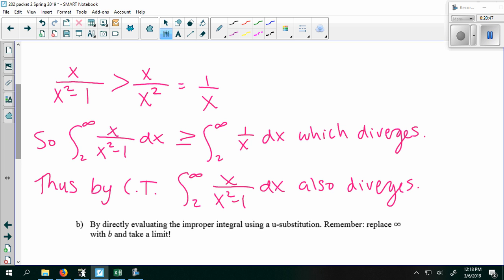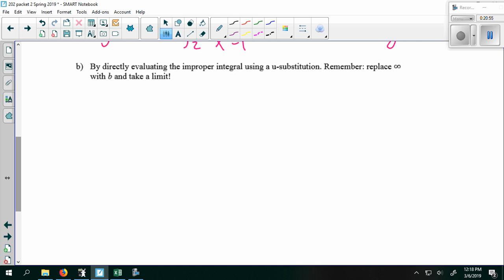Okay, last bit, I want to directly evaluate this improper integral using a u substitution. So the integral is 2 to infinity of x over x squared minus 1 dx. So just like in the previous problem, I'm going to just find an antiderivative first. I'm dropping the bounds of integration. I just want to find an antiderivative of x over x squared minus 1 dx.